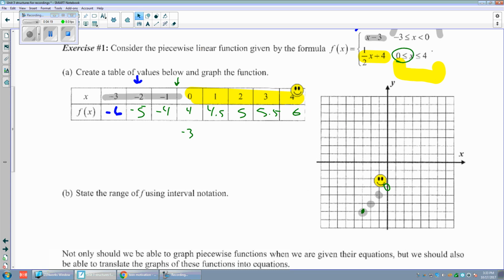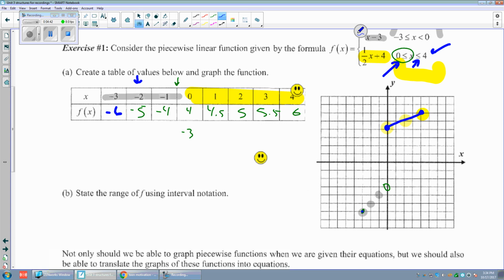See it? Open circle at -3. It's really close, but doesn't hit it. However, this one is a closed circle. Close it at 0 because it says equal to. That's what the underline means, says equal to.